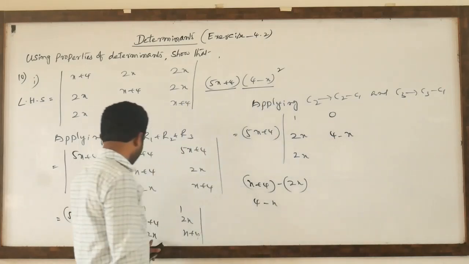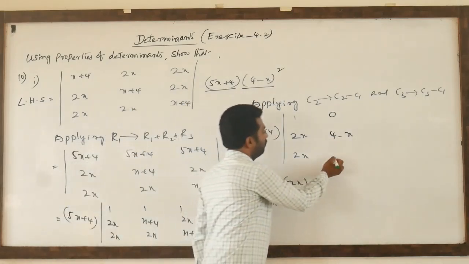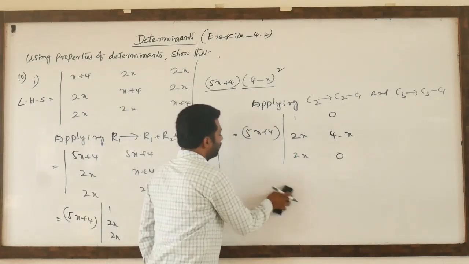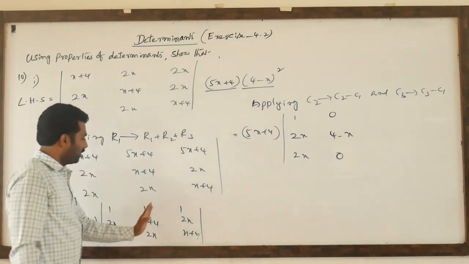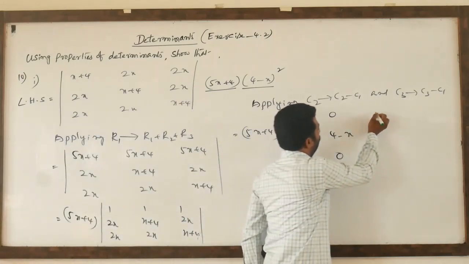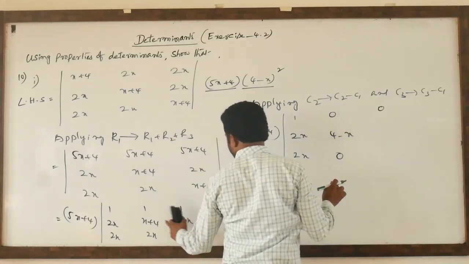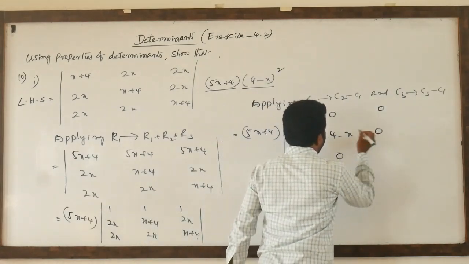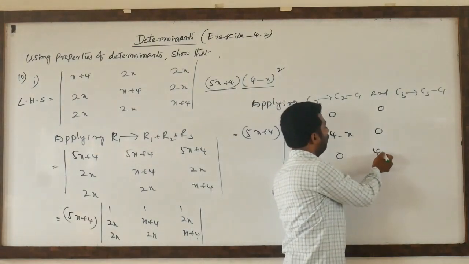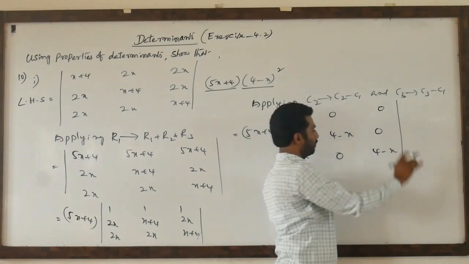Then third element 2x minus 2x, this becomes 0. Next, C3 minus corresponding C1, second operation, again this is 0. C3 minus corresponding C1, again it is 0. C3 minus corresponding C1, again it will be 4 minus x.